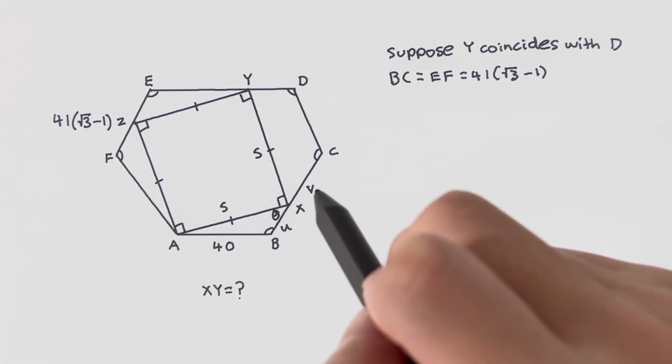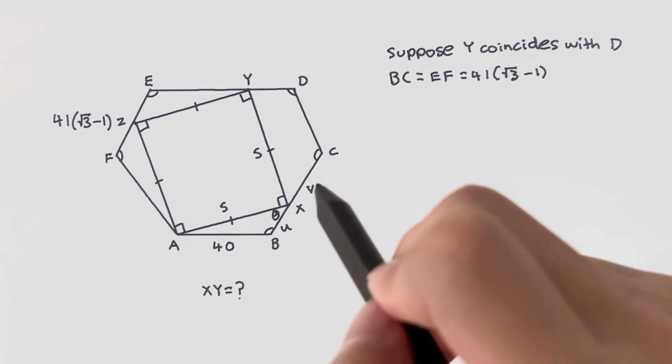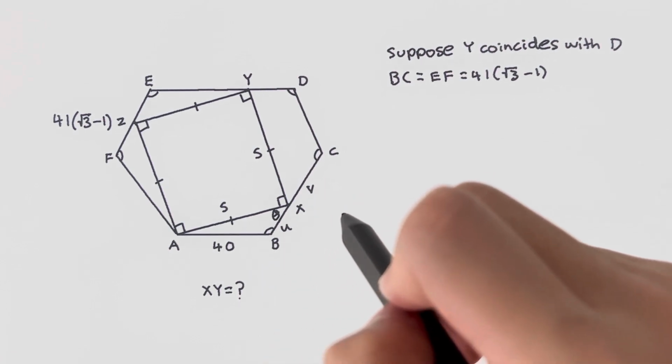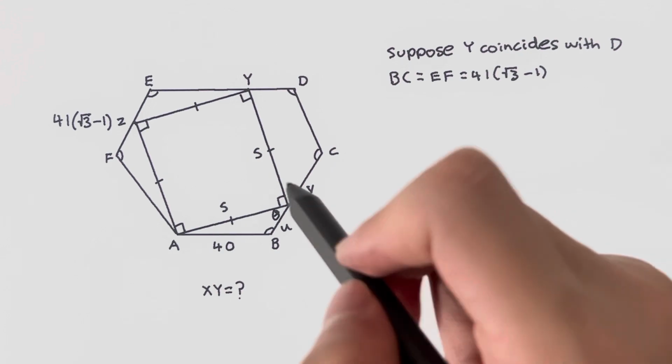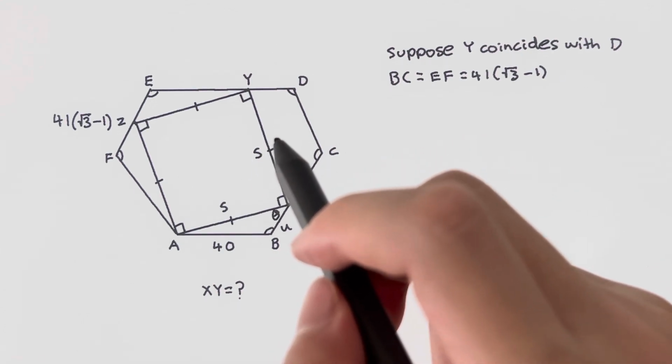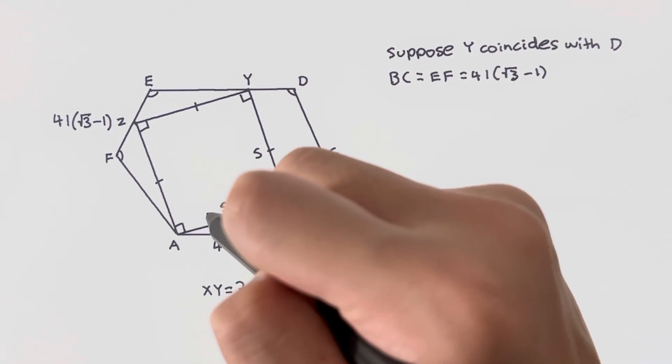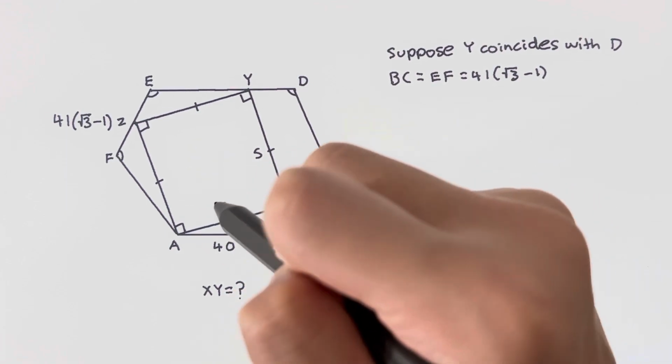And then angle BAX would be 60 degrees minus theta.